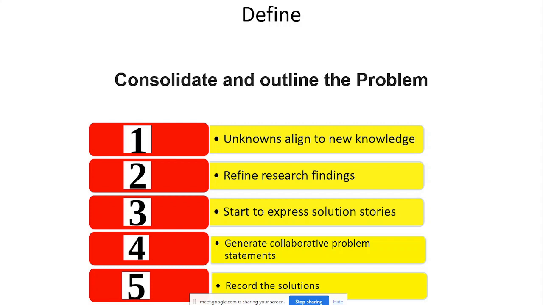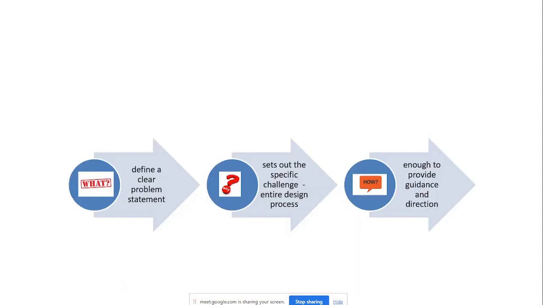After identifying the exact problem, I may express my solution stories for that problem. From that, I can generate collaborative problem statements from the team. After collecting the data from my team, I may record the different solutions on paper. These are all the things available in the define phase.